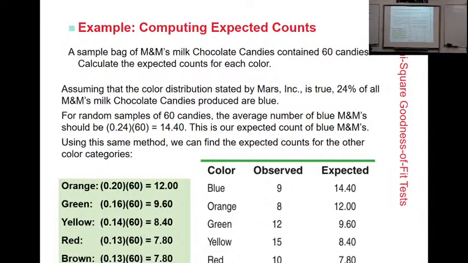And then we're going to have a table that gives the observed and the expected as well. And our question is, how far off are we willing to go? How far off are we willing to be?